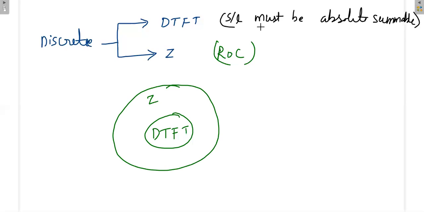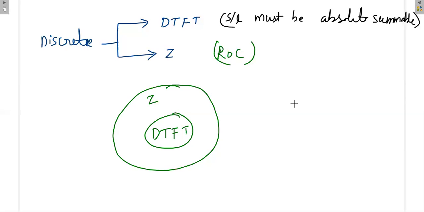But if the signal is not absolutely summable, you can write the Z transform, but you cannot write the discrete time Fourier transform. That's why I am putting the discrete time Fourier transform inside, Z transform outside.